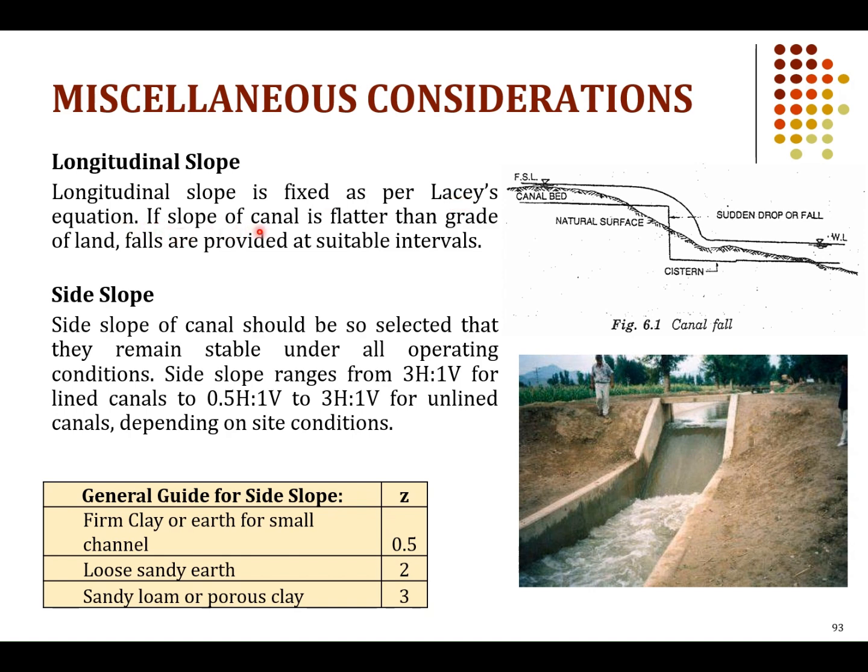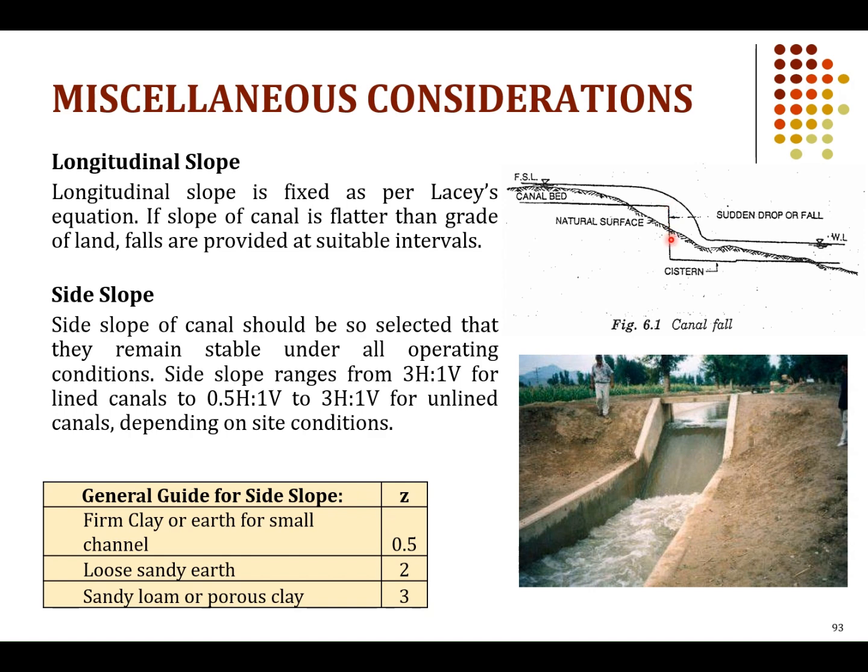If the slope of the canal is flatter, then grade or land falls are provided at suitable intervals. This is very brief information, just to give you the concept. Look at the natural surface of the earth. You see, it is very sloping, but the slope of the canal, this is the canal bed, is much flatter. So if you are in such a situation, then what do you provide?